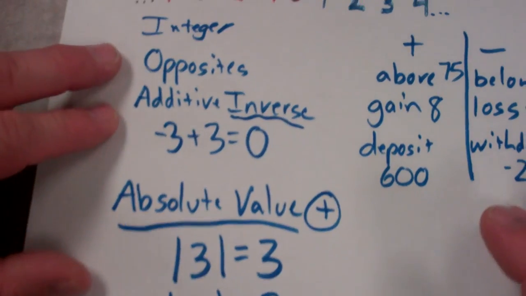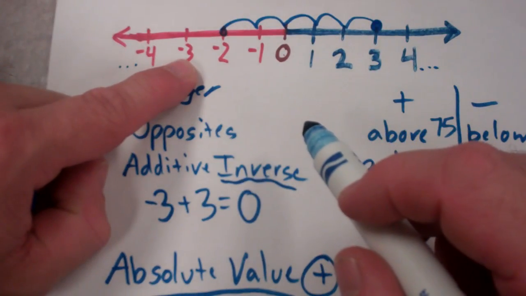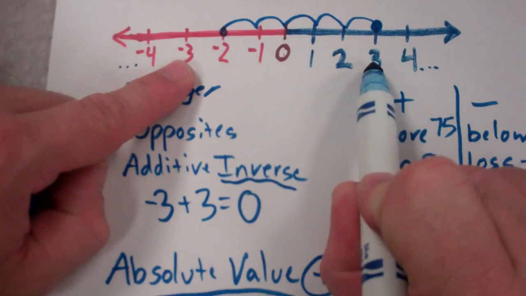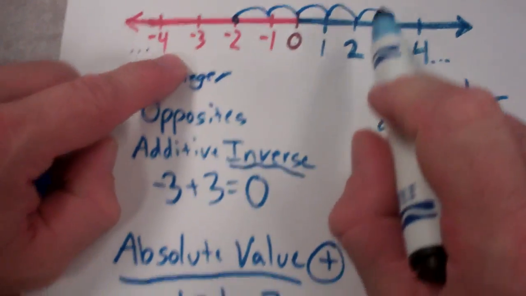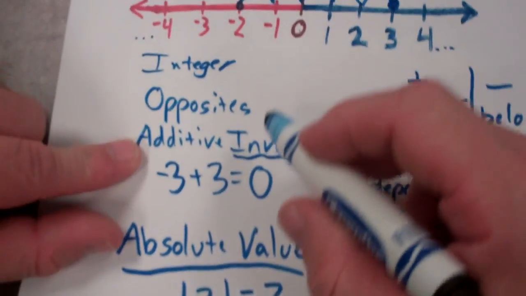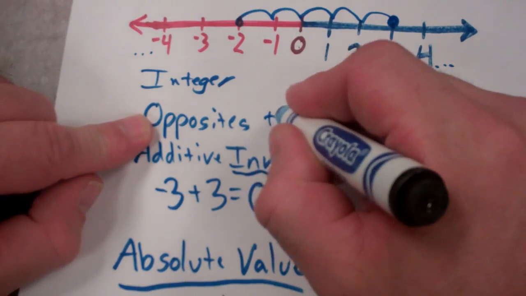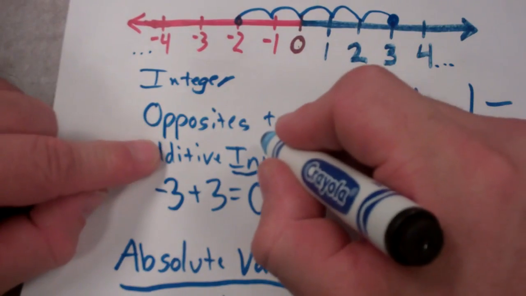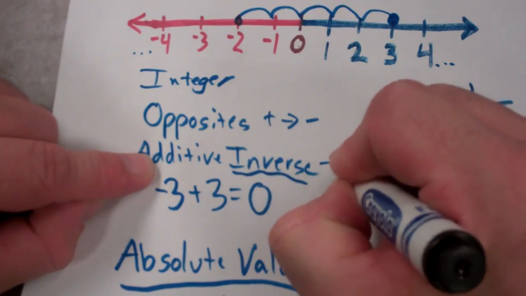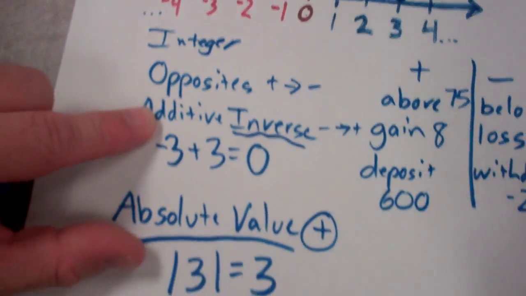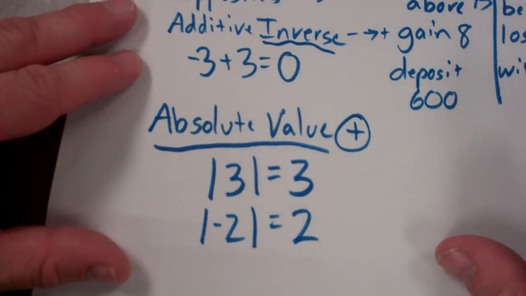Okay? So, what's the absolute value of -3? 3. What's the absolute value of 3? 3. In other words, every absolute value is positive. But remember, don't get that confused with opposite and additive inverse. The opposite of a positive is a negative. The additive inverse of a negative is a positive. Okay? But absolute value, always positive.